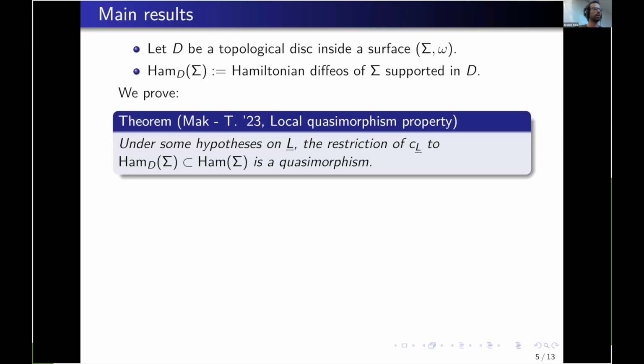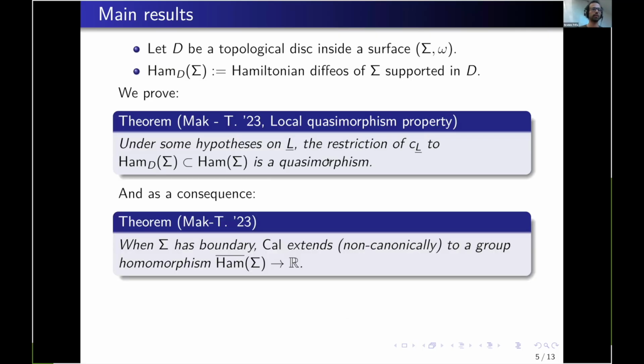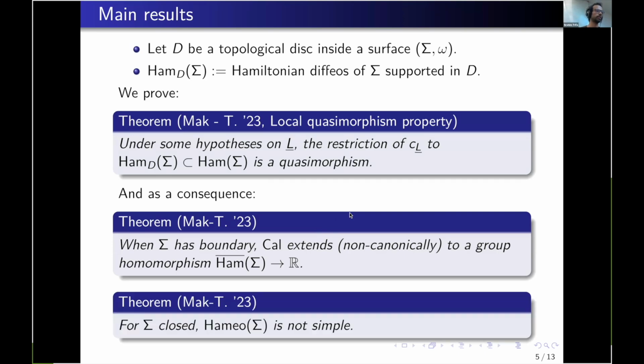We prove that, under some hypothesis on the link, the restriction of the link spectral invariant to Ham sub D of sigma is a quasimorphism. From this, we can generalize the CGH-MSS results, as we show that for any surface sigma with boundary, the Calabi homomorphism extends to a group homomorphism from Ham bar to R. And for sigma closed, Hameo of sigma is not simple.